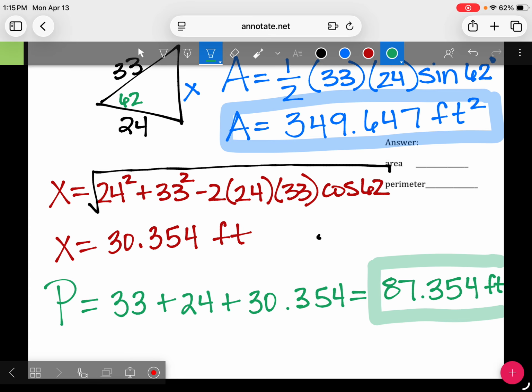I'll give you a hint. The third side should be between 30 and 31. If you get a number between 30 and 31, then you probably got the right side.